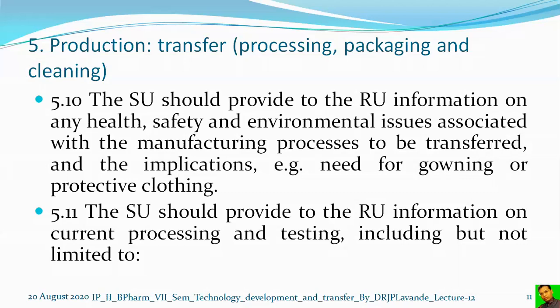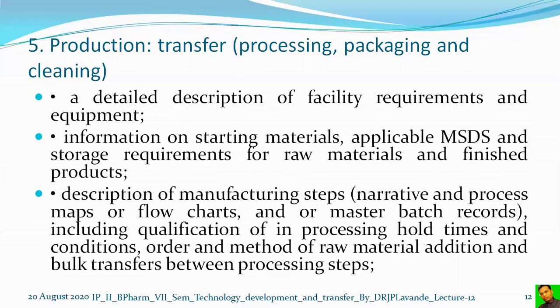The 5.11 tells that the sending unit should provide to the receiving unit information on current processing and testing, including but not limited to a detailed description of facility, requirement and equipment, information on starting materials, applicable MSDS.